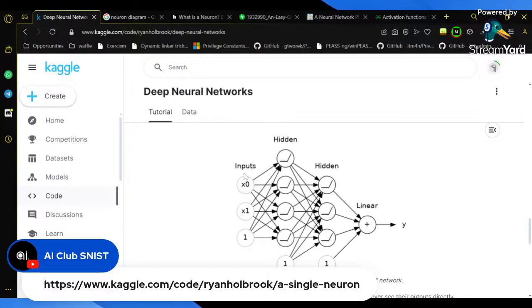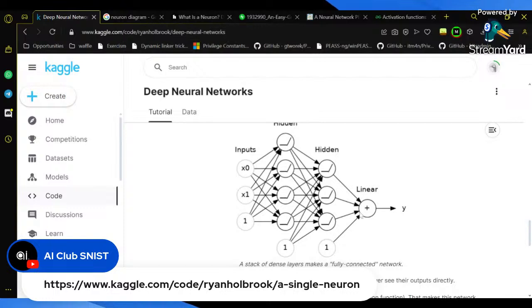Our input x0, x1 goes to the first node, which computes x0 w0 plus x1 w1 plus 1 into bias b1, and then x0 w10, x1 w11, and the bias is computed over here. All of these computations are done in each particular neuron, and they are interconnected with the next layer, and at the last they are given to this activation function, our linear activation function.